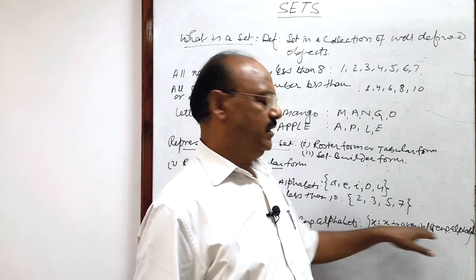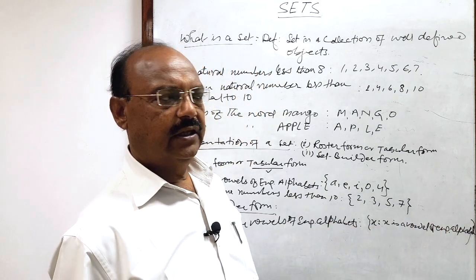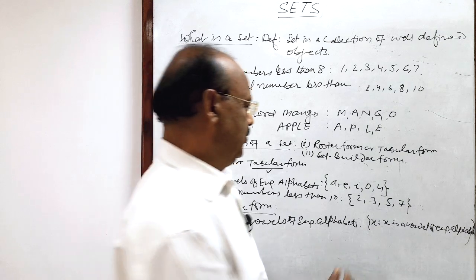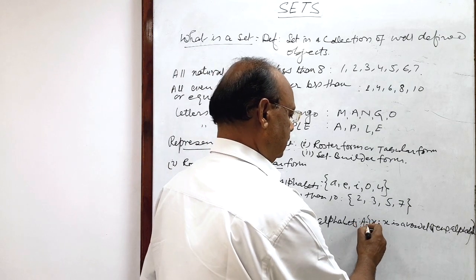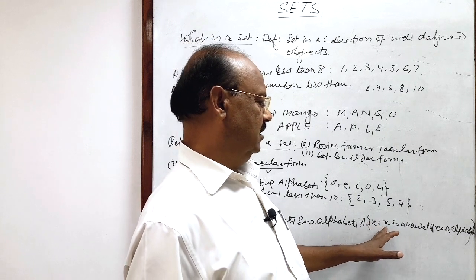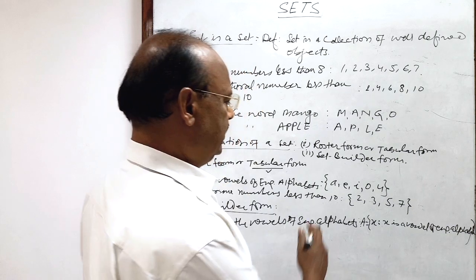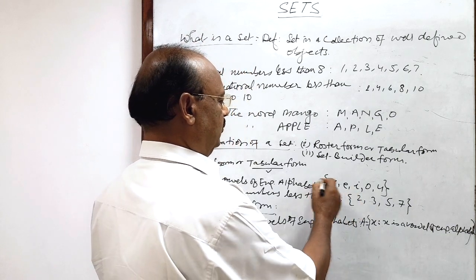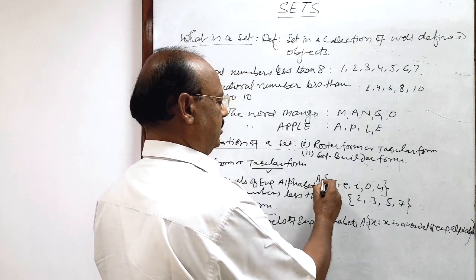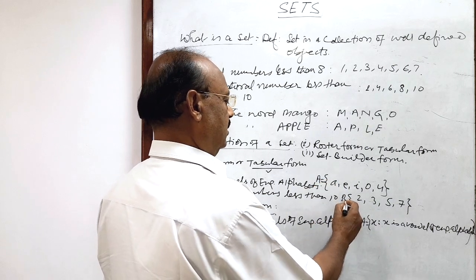And a set is represented by a capital letter of the alphabet. Suppose you can write here A. So A is a set consisting of X such that X is a vowel of the English alphabet. So these sets are denoted by capital letters of the alphabet, A. Suppose this is B, like this.